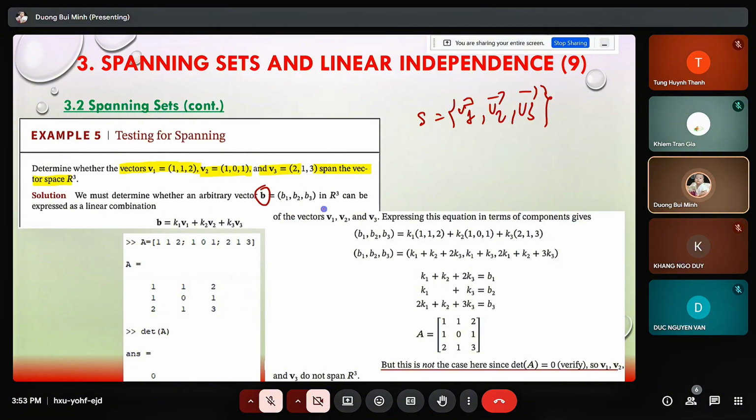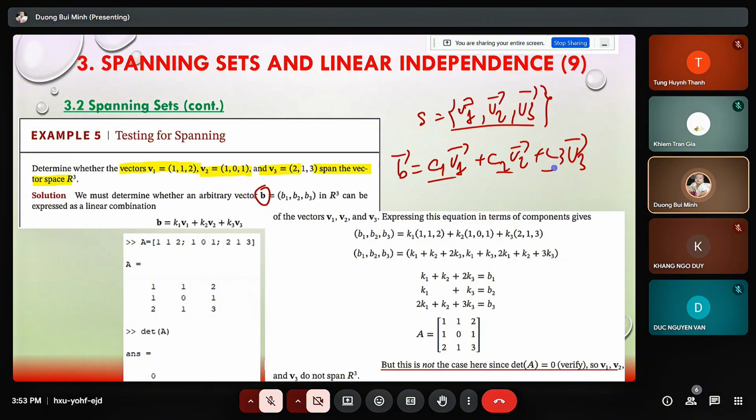Any vector B belonging to vector space R3 should be a linear combination of V1, V2, and V3. So vector B is C1 times V1 plus C2 times V2 plus C3 times V3.